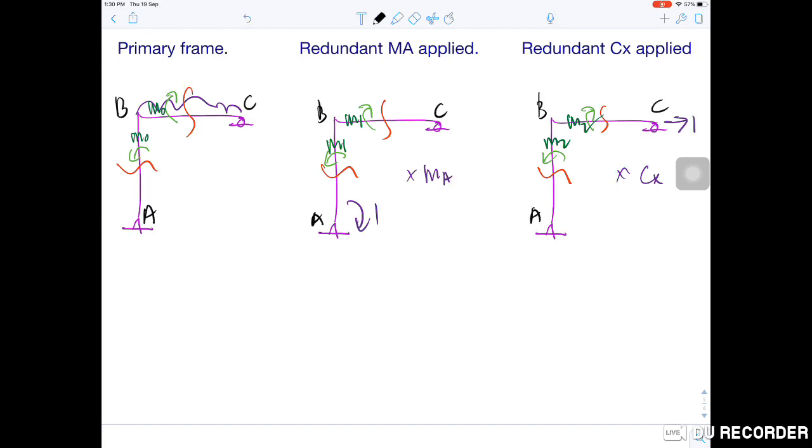The moment equation in the primary frame is M naught. The moment equation in redundant 1, redundant MA applied, is M1. And the moment equation for redundant CX applied, since CX is the second redundant, is M2.